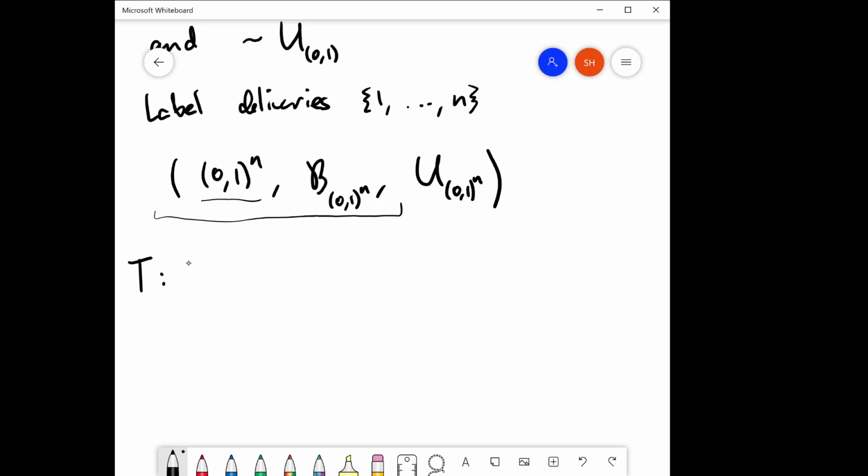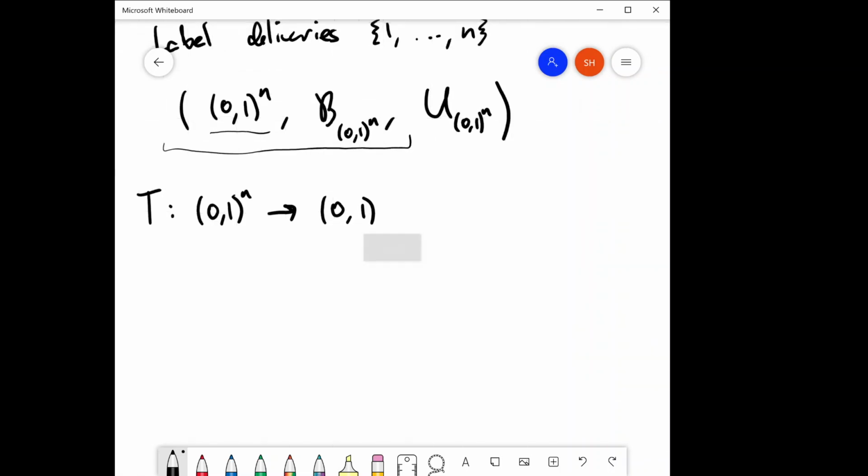Now we've got a map from 0, 1 to the n to 0, 1. And this is going to be a bit hard to write down explicitly, but what it does is T of t_1, ..., t_n is the rth smallest t_i. Okay.